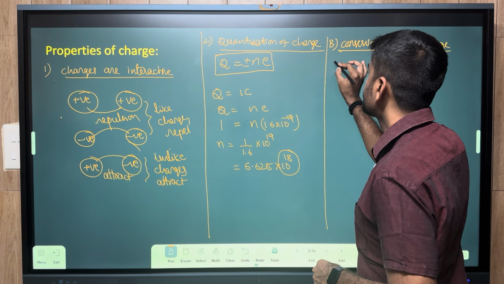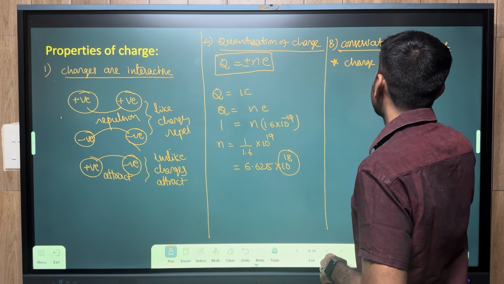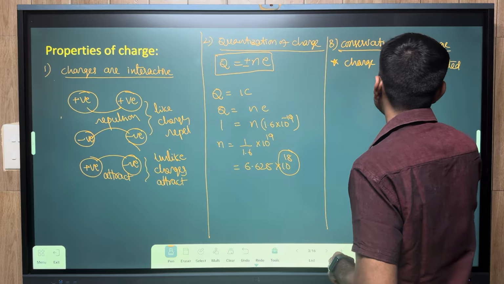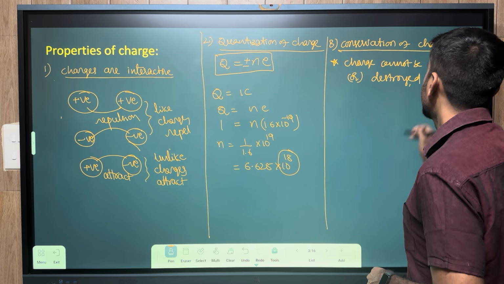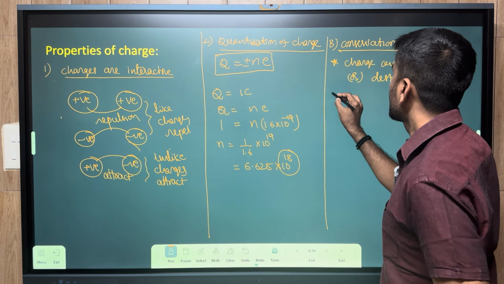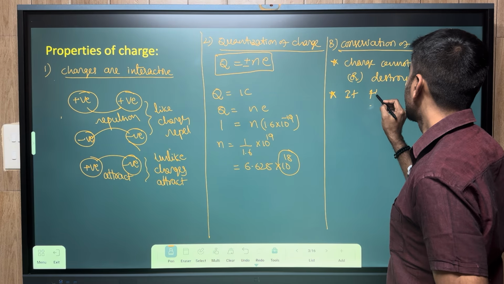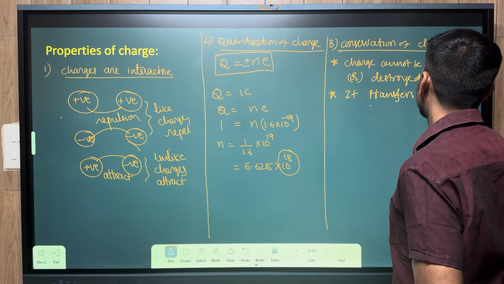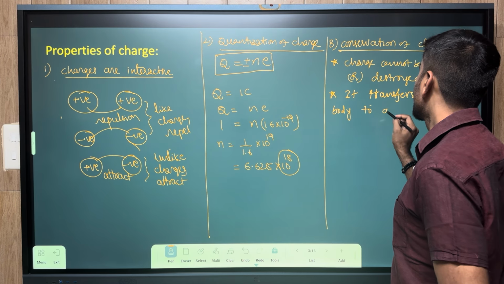First point: charge cannot be created or destroyed. It transfers from one body to another body.